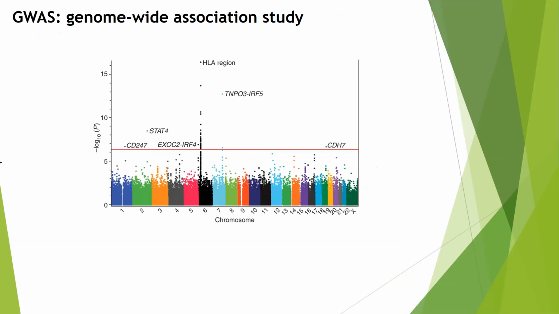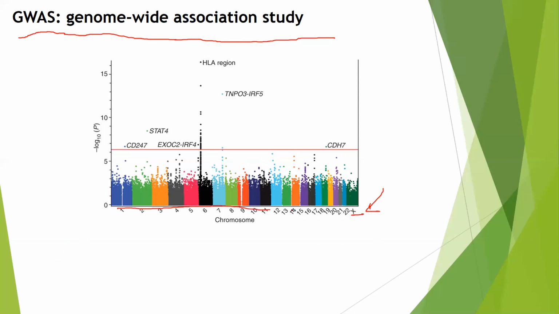This is a very useful tool, and in my lab we use it a lot. It is called GWAS, the Genome-Wide Association Study. This is a human example. We have 22 autosomes and the X chromosome, right?